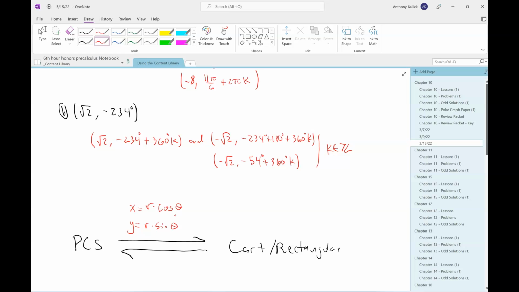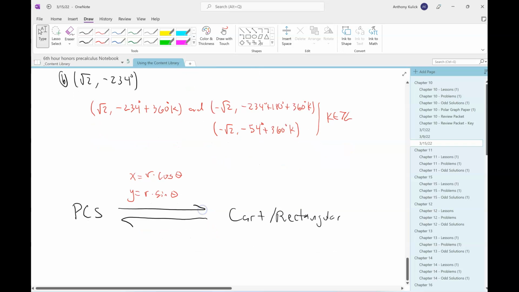A little rearranged. Cosine was x over r, sine was y over r. Here we've just rearranged those formulas. Okay, cool. That's really easy.